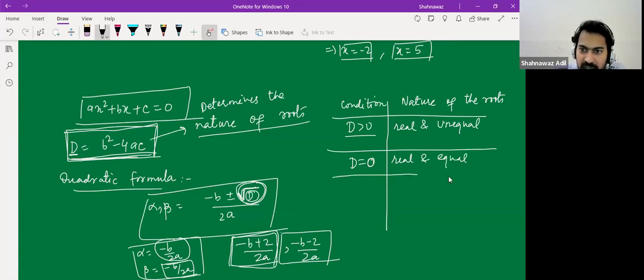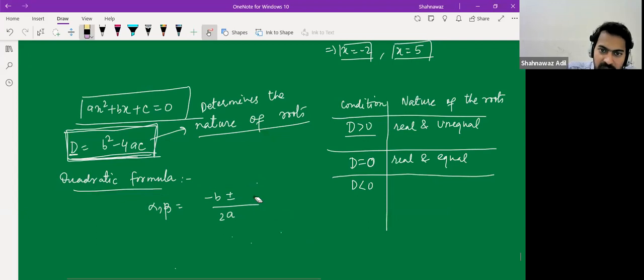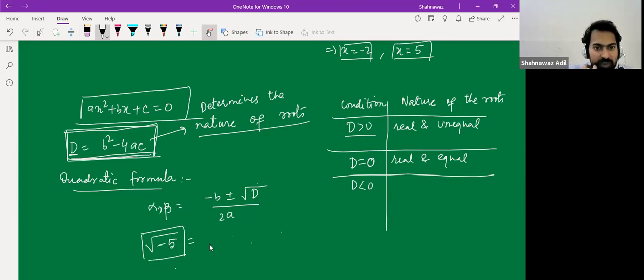Okay, and if D is less than 0, let me write it. This D is less than 0, which means that under the root we have a negative number, right?